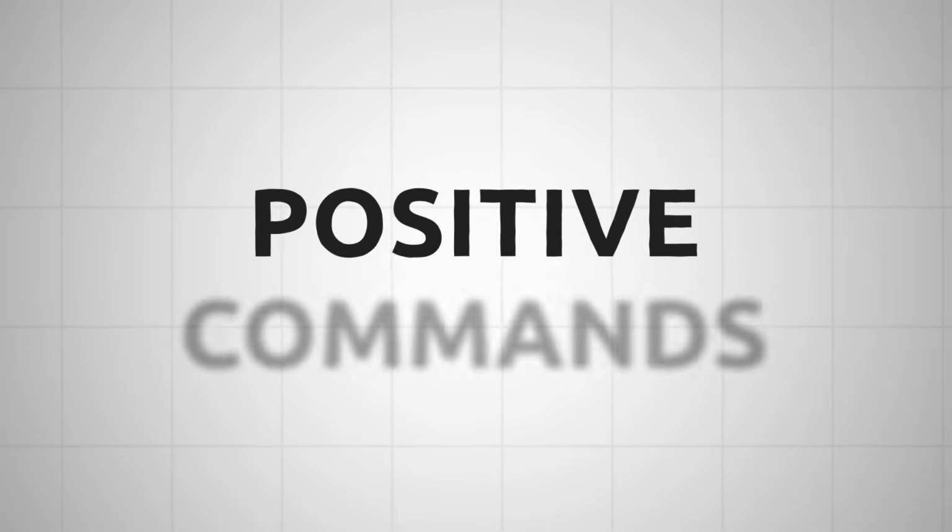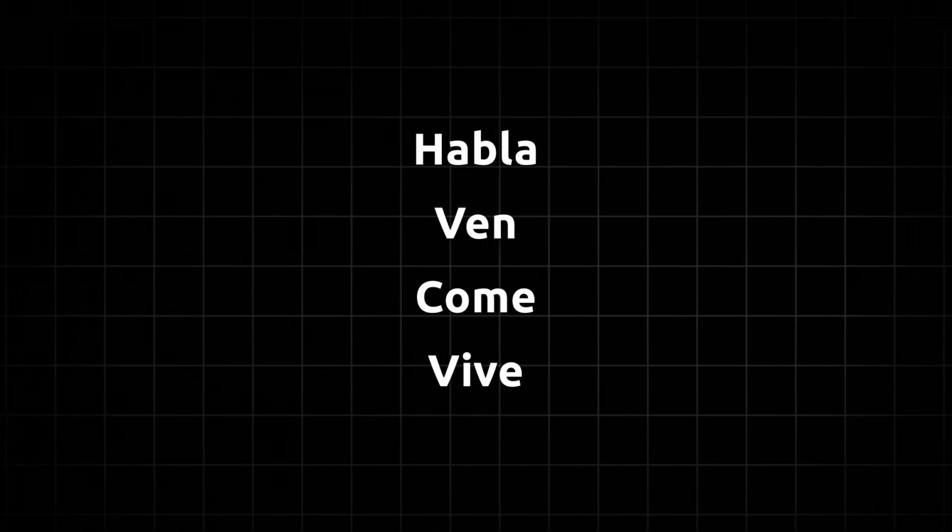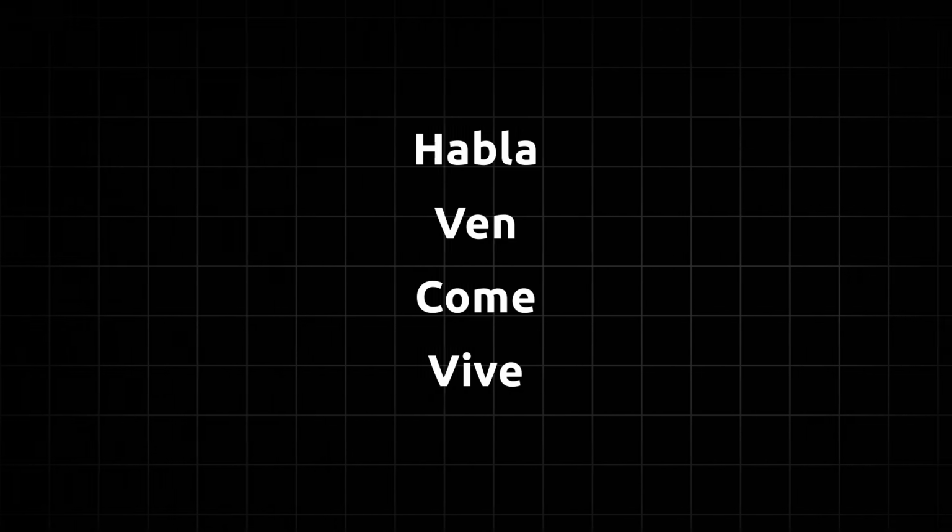So how do we build these commands? Hey, I have good news for you, because the most common form is surprisingly easy. Let's talk about positive commands. Look at this. Habla, speak; come, eat; vive, live.